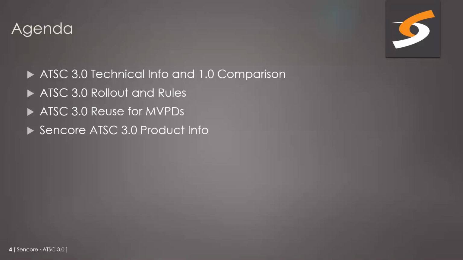Then we're going to do an update on the ATSC 3.0 rollout and the rules that are currently active. And then we're going to jump into the meat of the presentation, where we look at ATSC 3.0 reuse for MVPDs. So let's see how that can be done. And finally, we'll take a look at a few Sencore products for ATSC 3.0 that relate to this presentation and give us some background there.